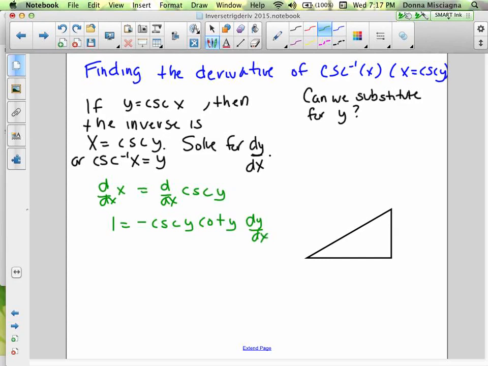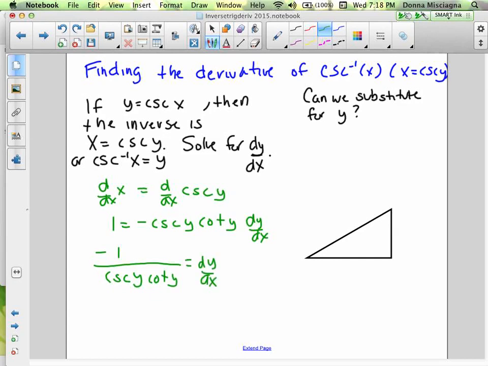I have to make sure I save every space I can, because that was a little crowded on the last board. We want to solve for dy dx, so we're going to have to divide both sides. I'm going to put the negative in the numerator, if you don't mind. So we have negative 1 over cosecant y cotangent y equals dy dx.